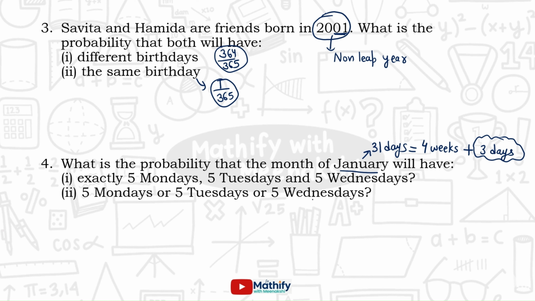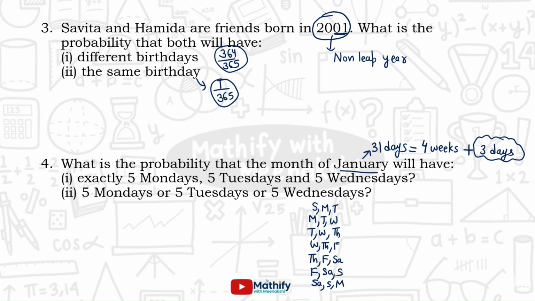So let's write that: Sunday, Monday, Tuesday; Monday, Tuesday, Wednesday; Tuesday, Wednesday, Thursday; Wednesday, Thursday, Friday; Thursday, Friday, Saturday; Friday, Saturday, Sunday; and last Saturday, Sunday, Monday. After that, you will get again Sunday, Monday, Tuesday, that means you have to stop.